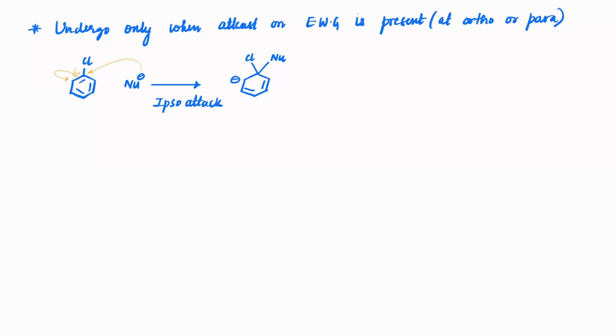The first step is always the slow step here, because you are losing the aromaticity. Now, of course, I need to have some withdrawing group like NO2 here. If you notice the resonating structures, this negative charge would push here, the pi bond will be pushed here, so you will get a negative charge here, a double bond with chlorine and the nucleophile connected to N, double bond O minus with a plus charge here.